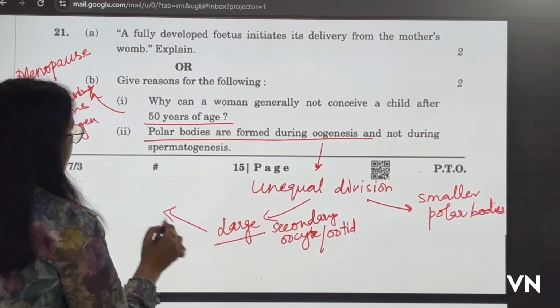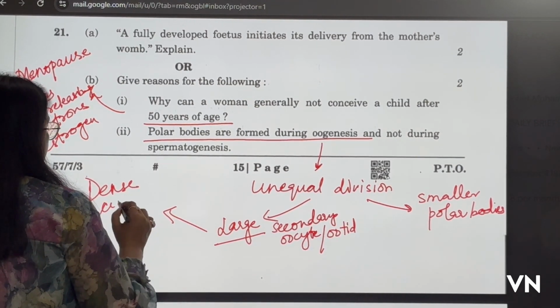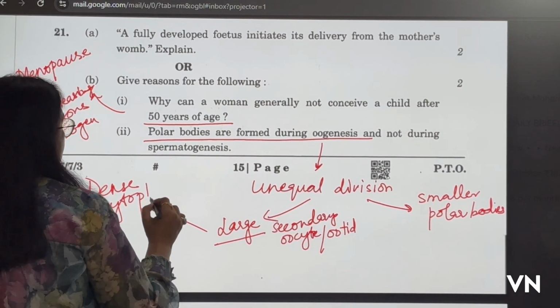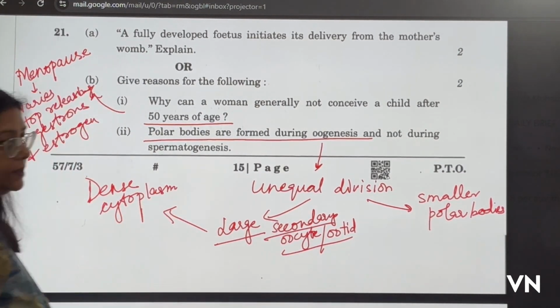Large means having dense cytoplasm with the nutrients, because secondary oocyte is responsible for the fertilization.